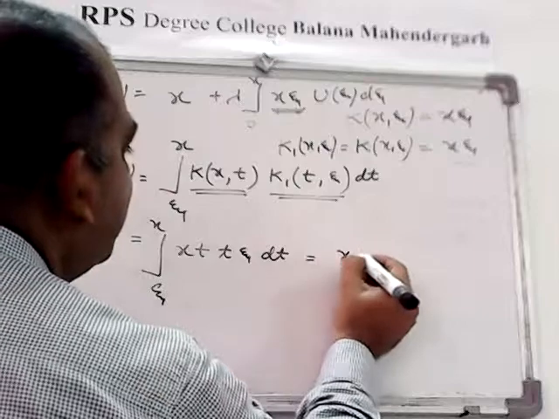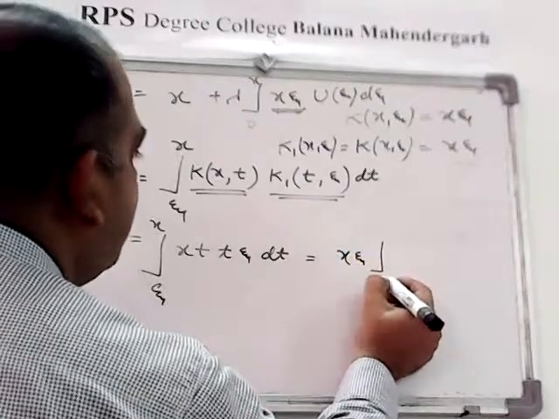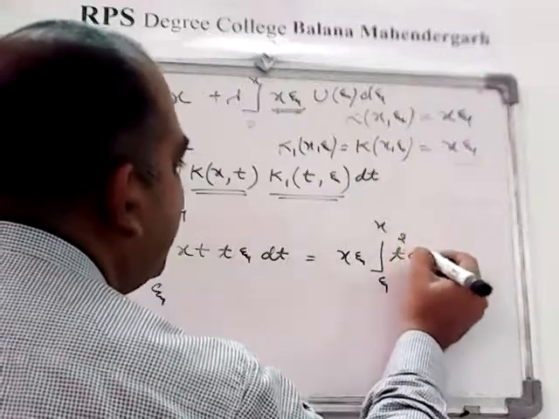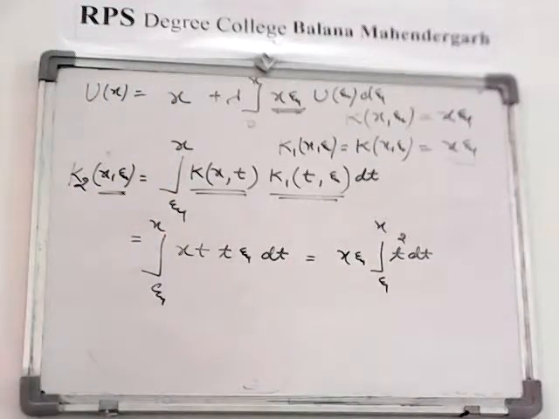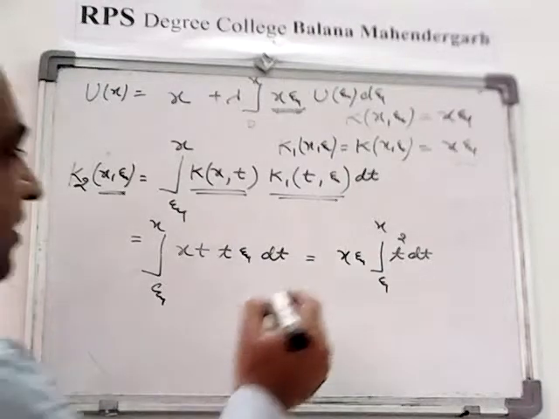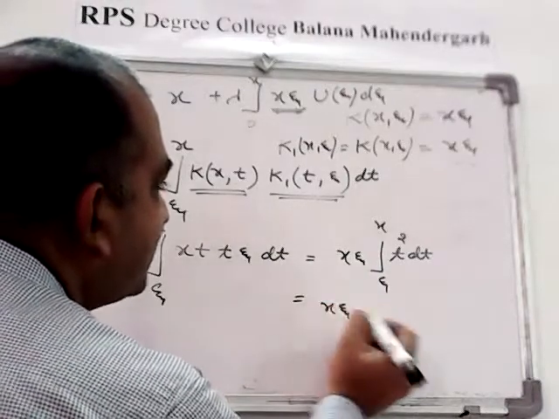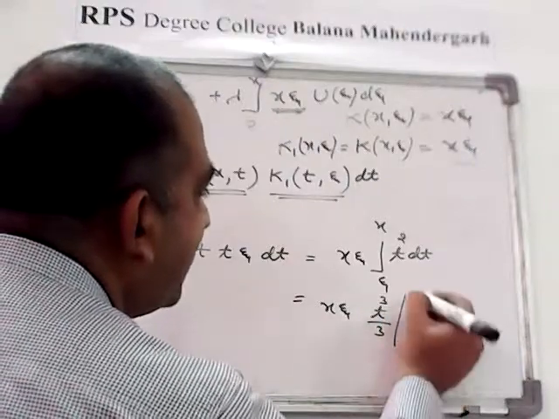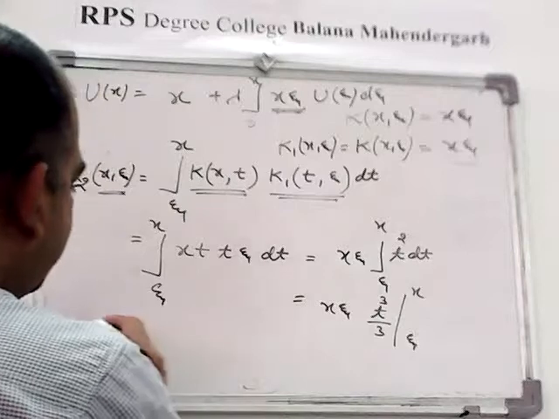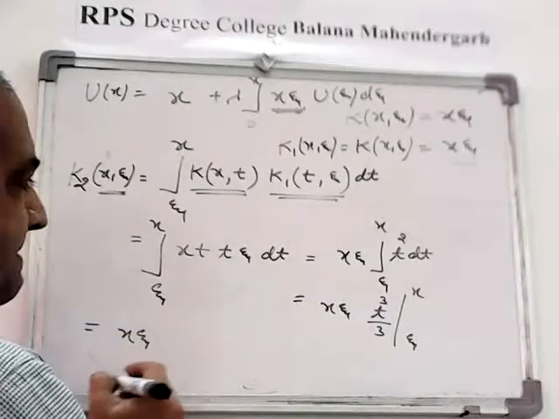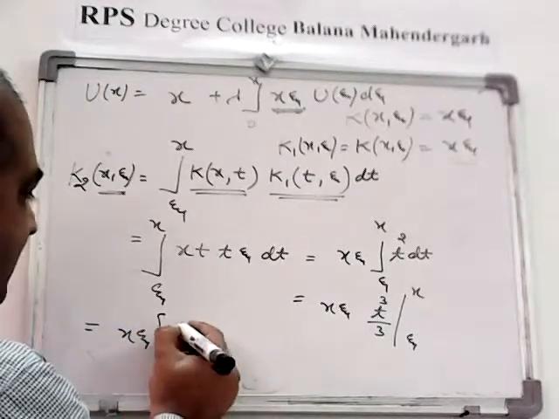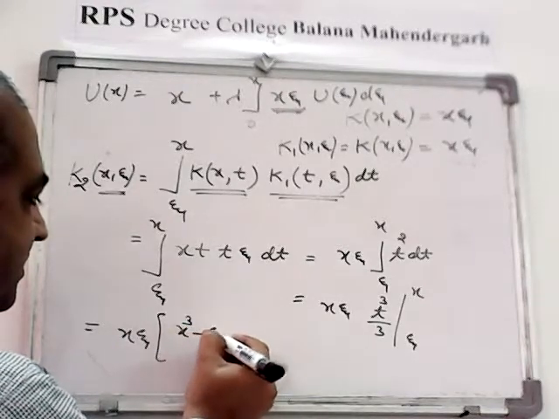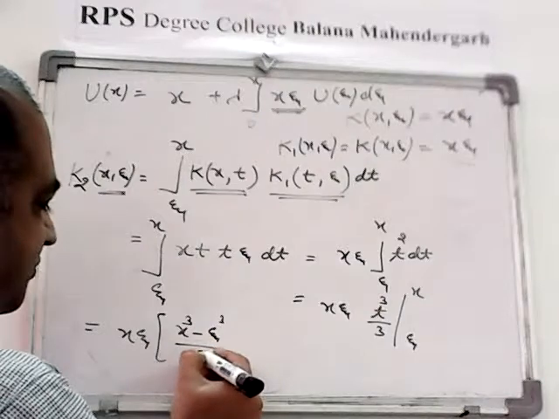So x and xi are constants. Then we have the integral from xi to x, and at this position we have t square dt. So this will be equal to x xi times t cube by 3 from xi to x. So our answer will be x xi, then the upper limit is x cube, minus the lower limit xi cube, divided by 3.